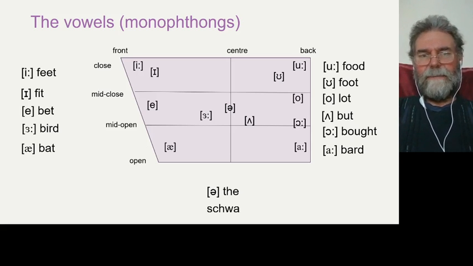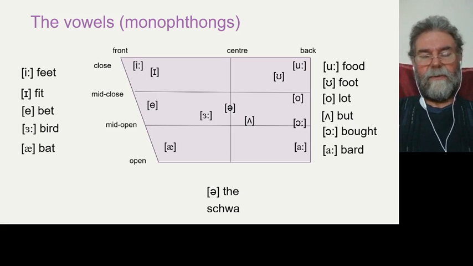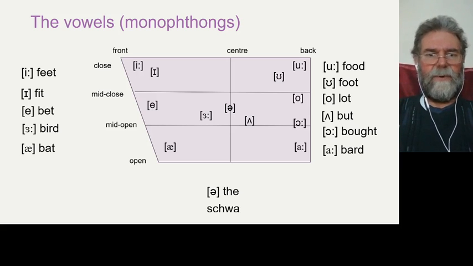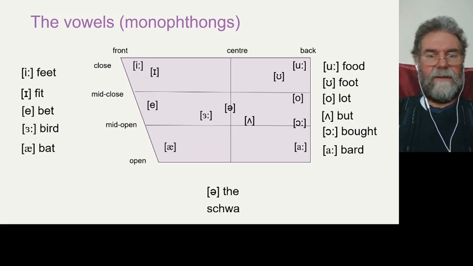And the reason why it's special can be seen in the pronunciation of the word the, because, as you probably know, there's another way to pronounce this word, and that is the. Okay, what's the difference between pronouncing the word the and the? Well, partly it's to do with the stress that's placed on the word.